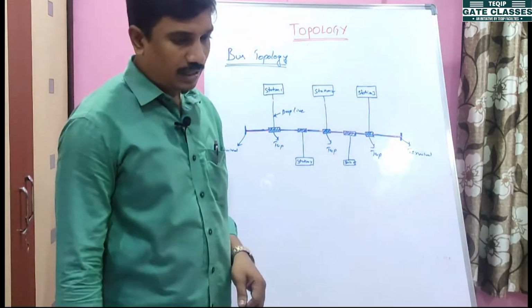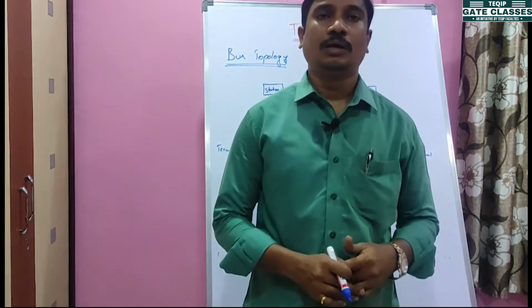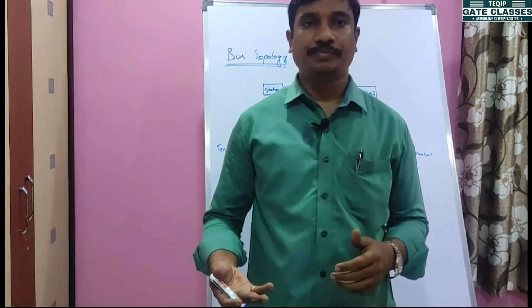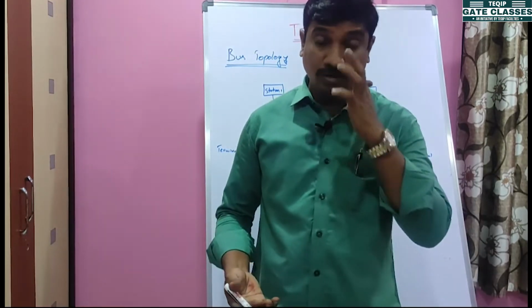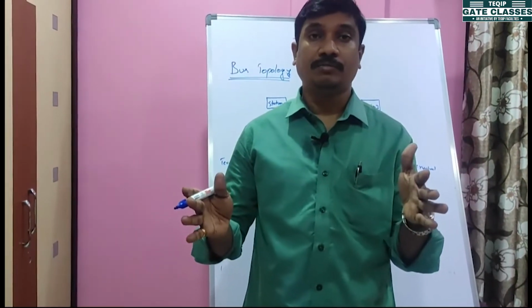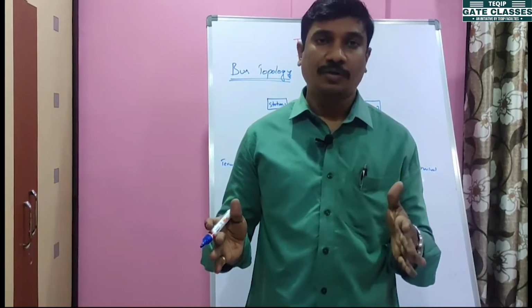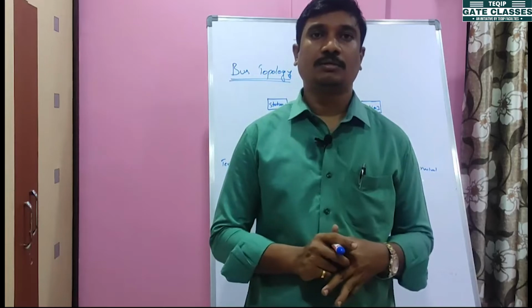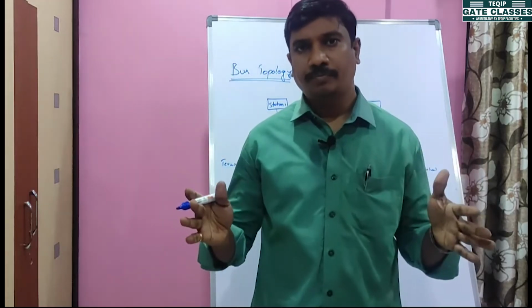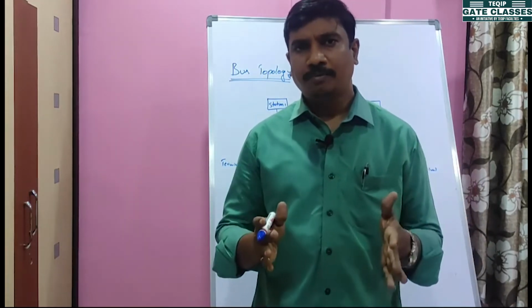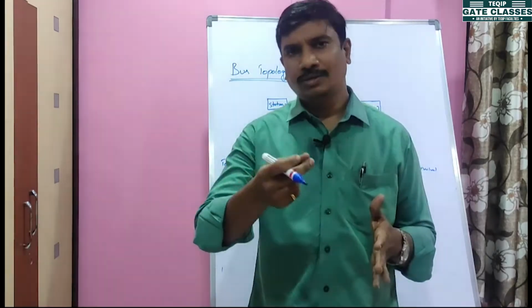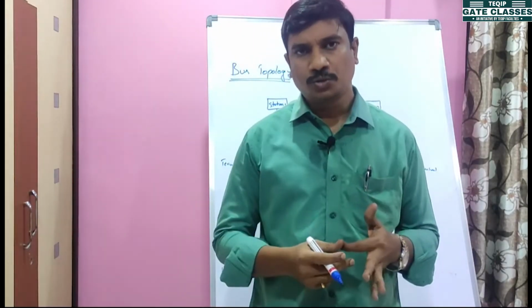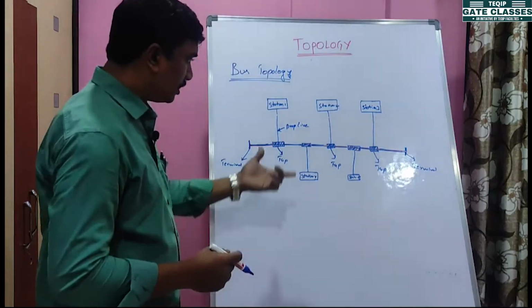Observe one real-time example: the municipal underground water. One big pipe comes from the municipal office or the water tank to all the colonies and cities. From that pipe, they provide taps for every household, right? You can observe the similar fashion.